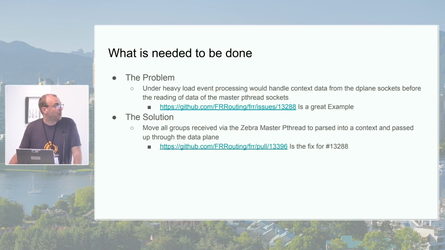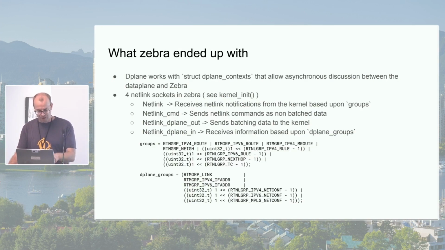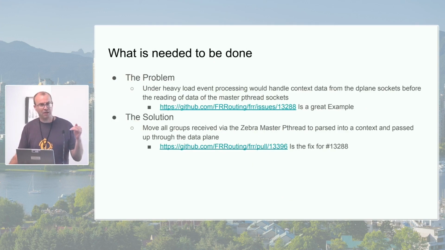So what we did is we moved all the interface creation and deletion netlink events to the data plane. We moved the netlink group link from groups to dplane groups, and each individual netlink message became a context message that was passed up to Zebra, and then we preserved ordering because address events would always come after that.